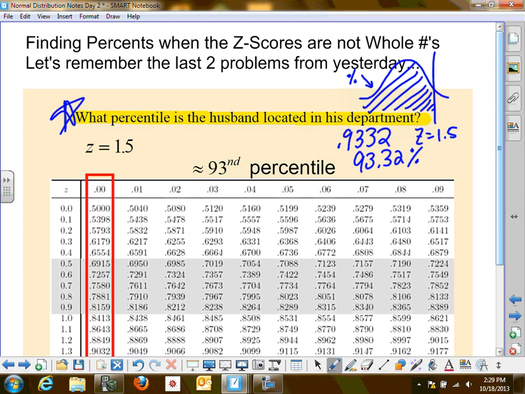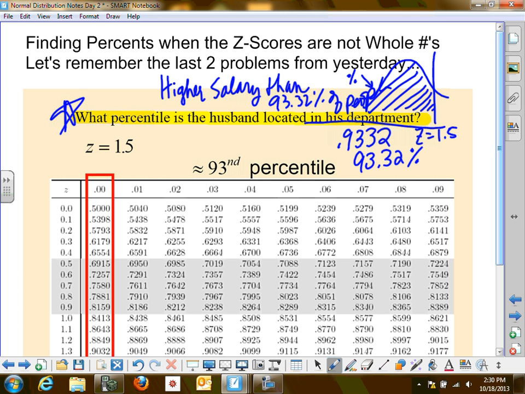That's not what it was. He is making a higher salary, or higher hourly rate, than 93.32% of the people. Is it the people in the entire company? No, just in his department. That's relative to his department only. So he's making higher than 93.32% of the people in his department.